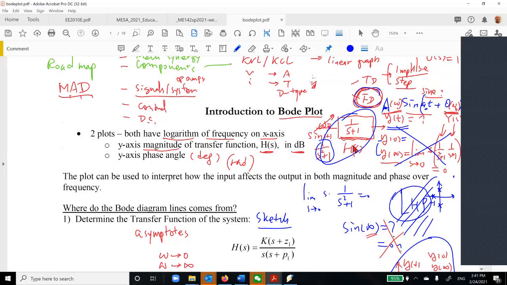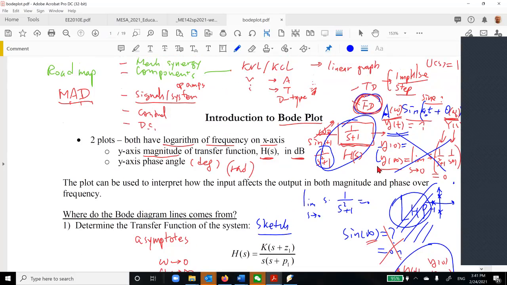Let me also remind you, sometimes using IVT and FVT makes no sense when your input is a sinusoid, because you cannot tell what sine of infinity is. It is nonsense. So when you have poles in a complex conjugate pair on the imaginary axis, you cannot apply the initial value and final value theorems.